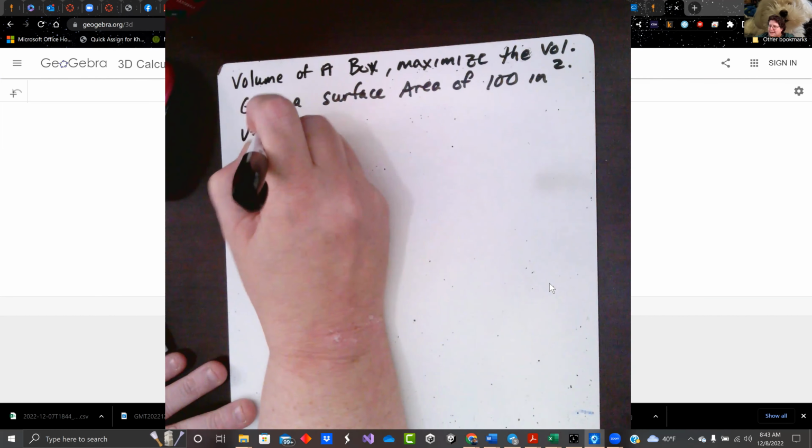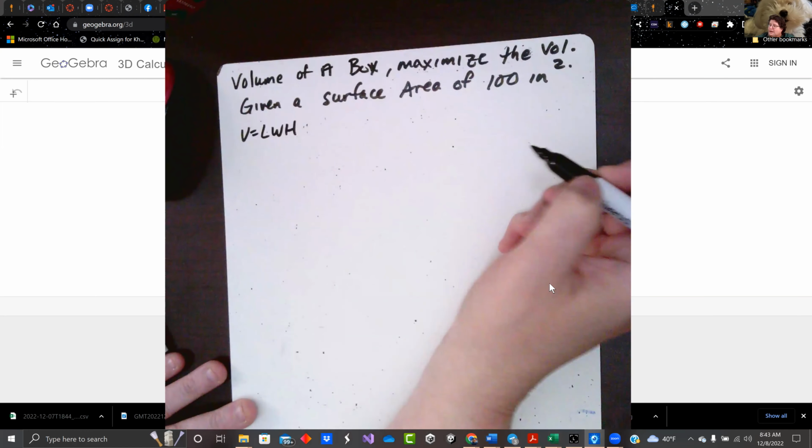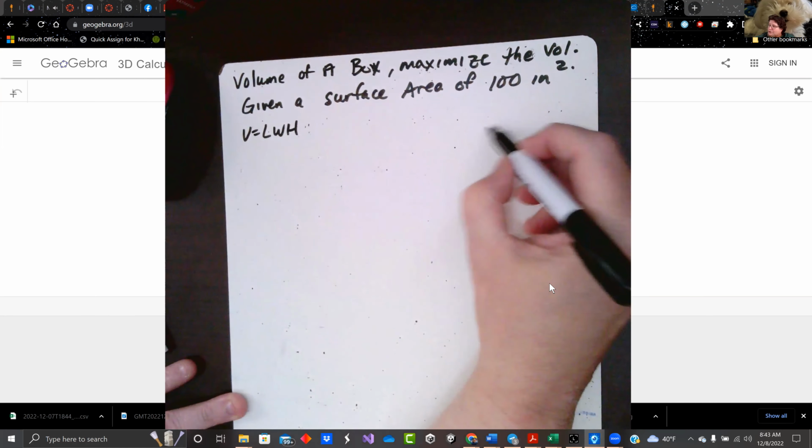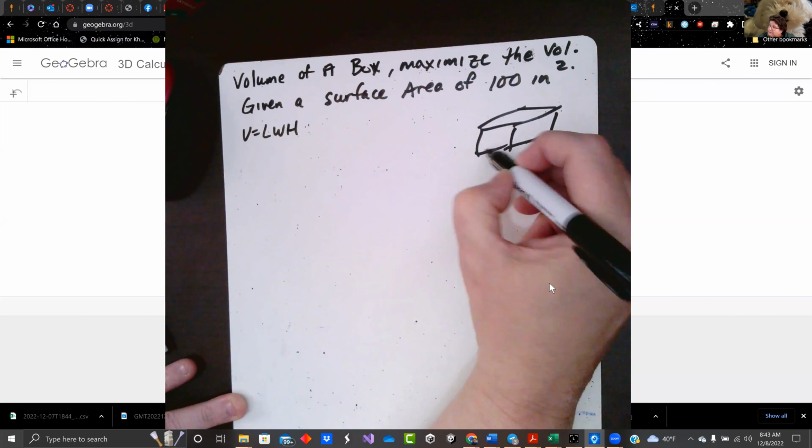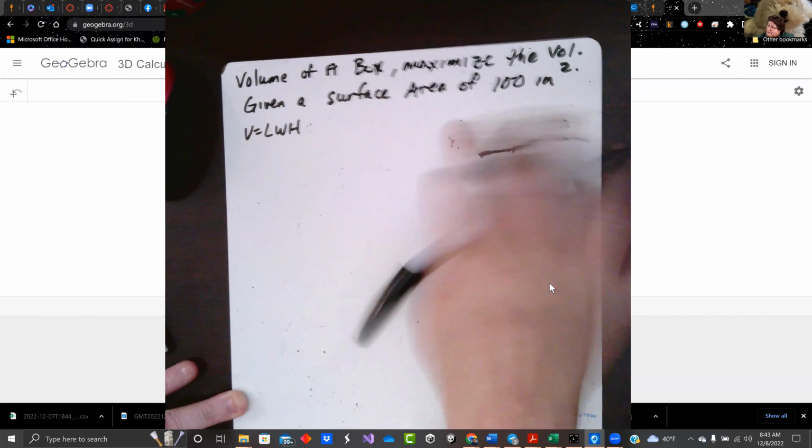Volume equals length times width times height. Surface area, if we draw the box, and let me do a better box.